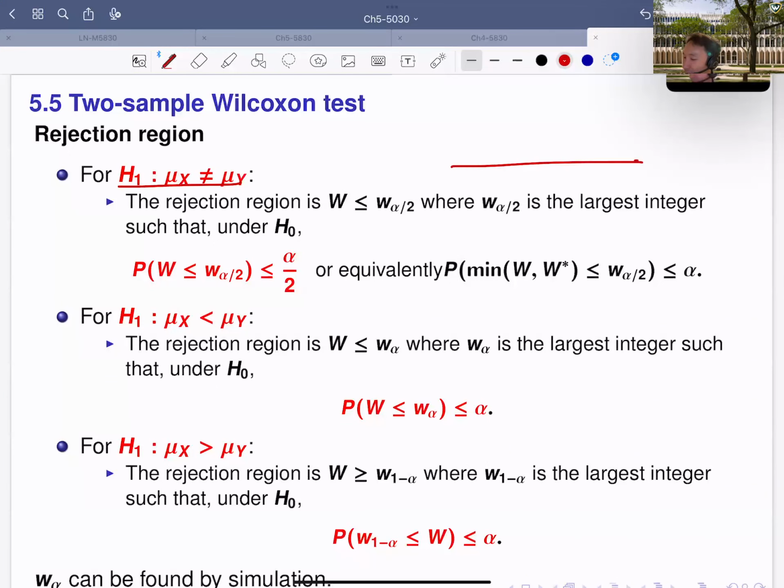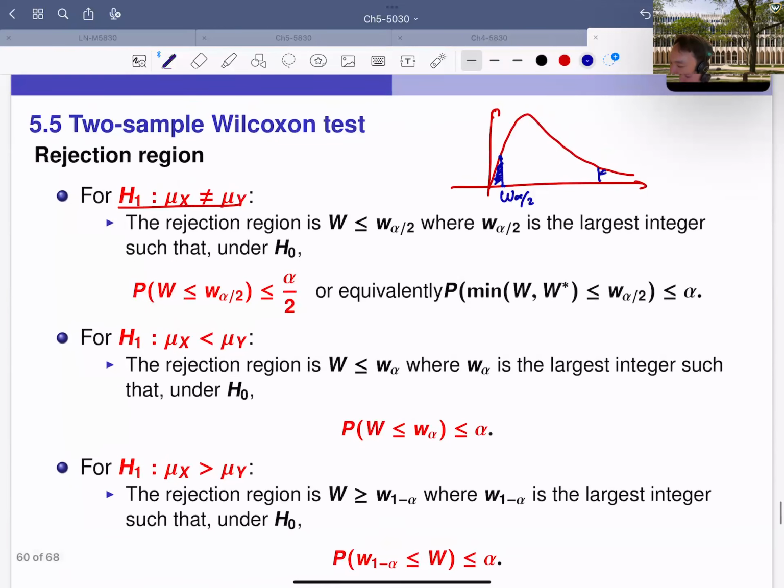So basically, we consider the distribution of W, and we set the W alpha over 2. So these are the quantile points, and if the test statistic falls in this range, then this corresponds to this range. Sorry.